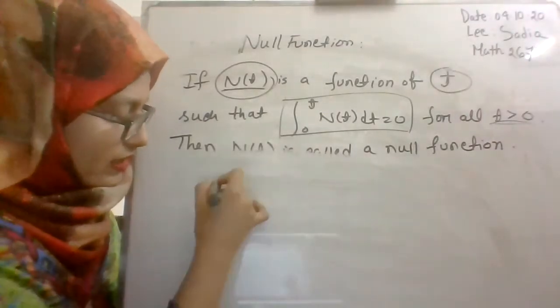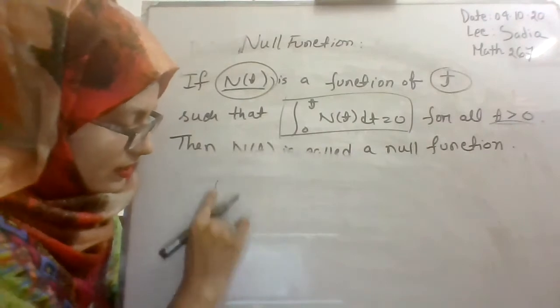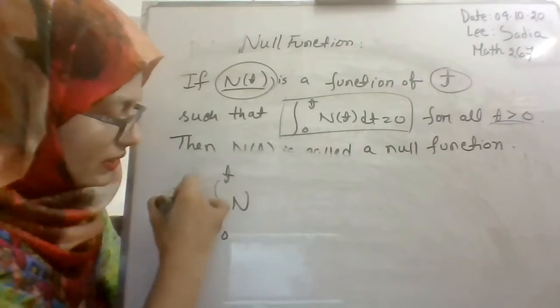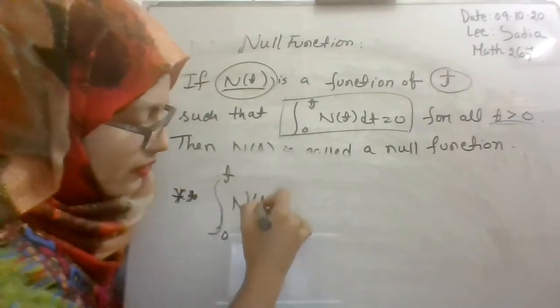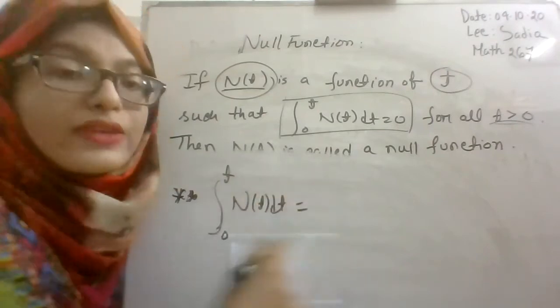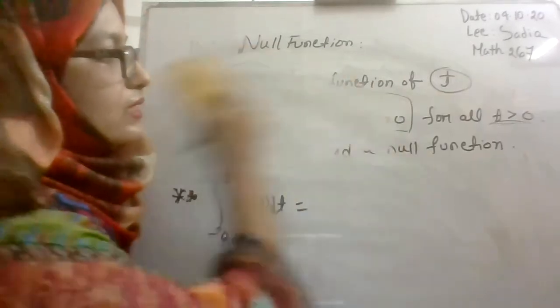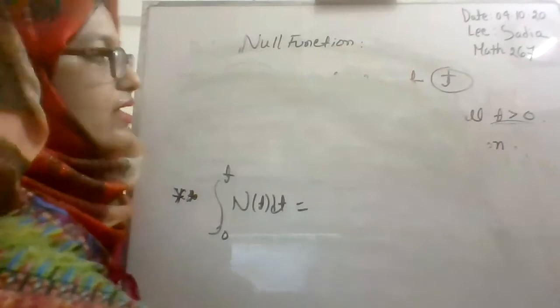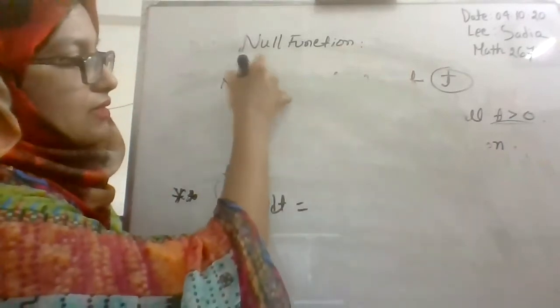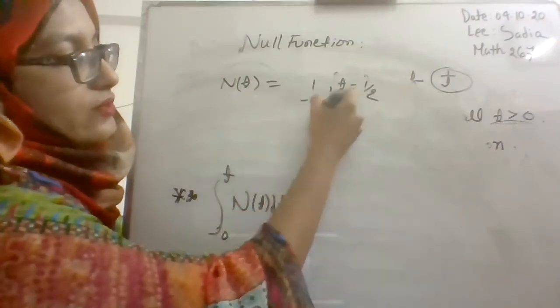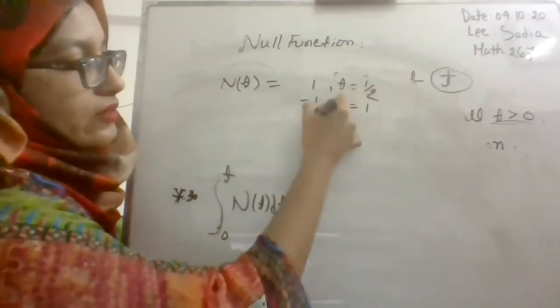So we'll consider the integration from 0 to t of n of t dt. But in your function, n of t is equal to 1 for t equals half, minus 1 for t equals 1, 0 otherwise.